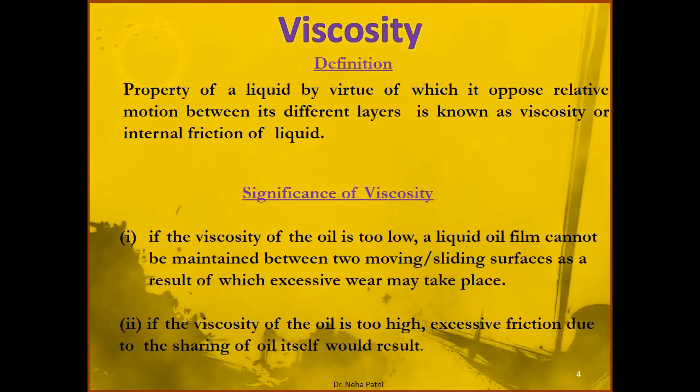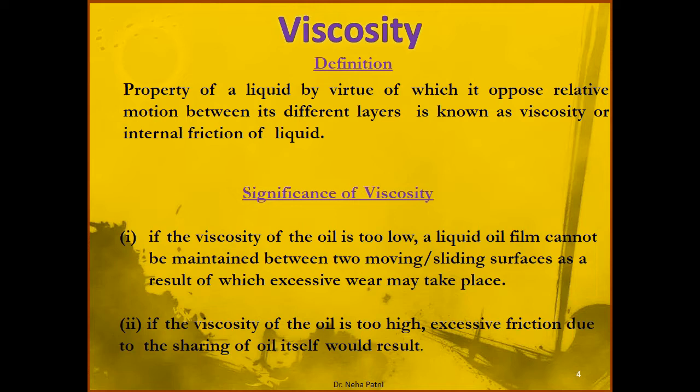Now let us see the next property, that is viscosity. When a liquid is to be used as a lubricant, its viscosity is going to be very important. We should know what the role of viscosity is here. As you know, viscosity is nothing but the internal friction of the liquid. So the greater the viscosity, the less ease there would be in the flow of a liquid.